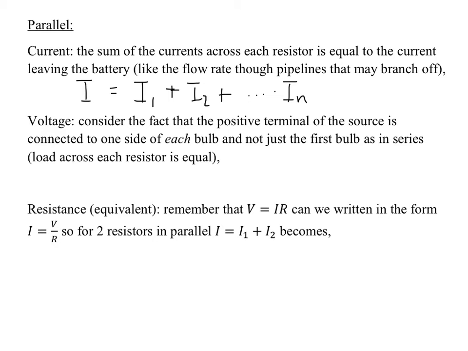Each resistor gets a different amount of current in parallel. In series, they all got the same. That's the difference. That's what this law is actually stating, that the sum of them is equal to the overall current.